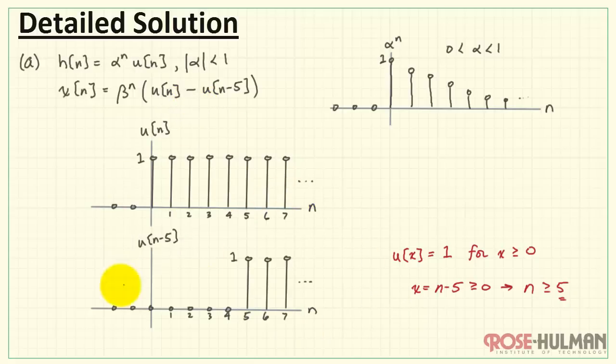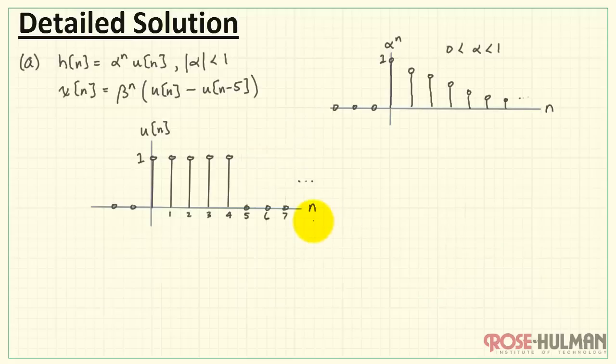When we take the difference of these two, all these areas where we have common 1s are going to cancel out. So u of n minus the shifted u of n minus 5 leaves us with this pulse, which multiplied by beta to the n gives us a decaying exponential pulse, but it's truncated.